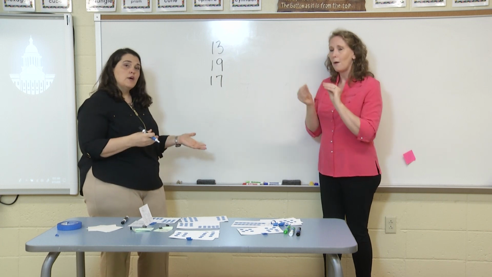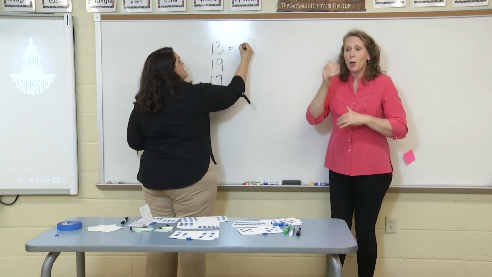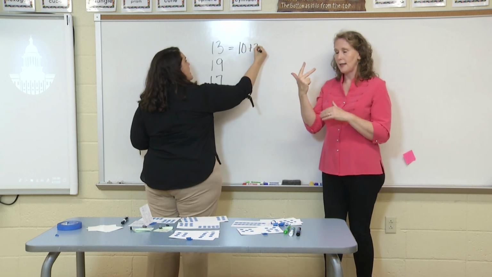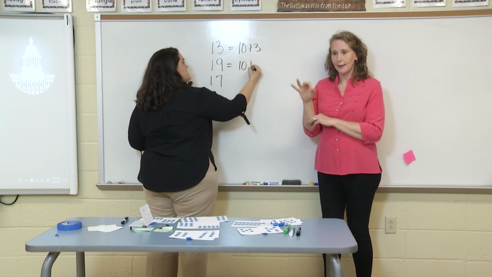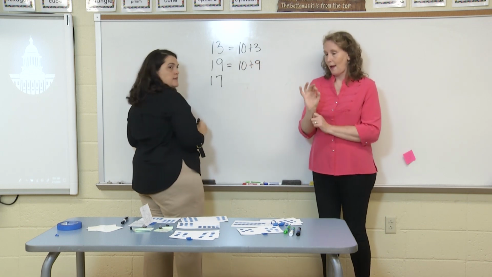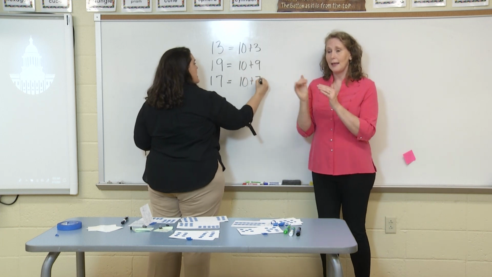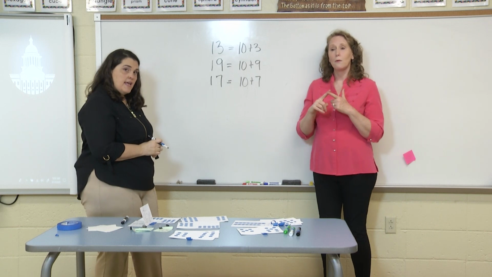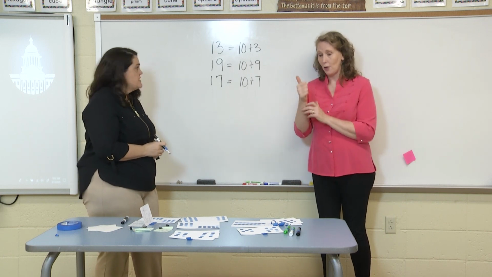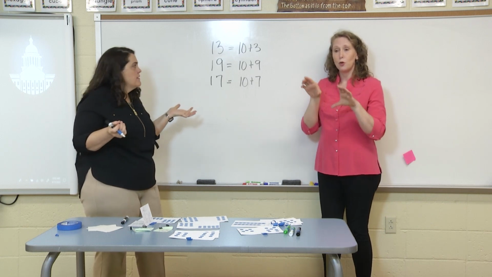We can use what we know to figure out what we don't know. If we know that 13 is the same as 10 and 3, 19 is the same as 10 and 9, and 17 is the same as 10 and 7, then we can make combinations of 10 or see doubles to help us add all of these numbers in our head.